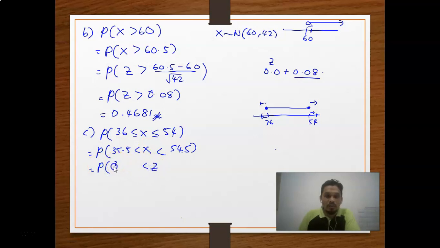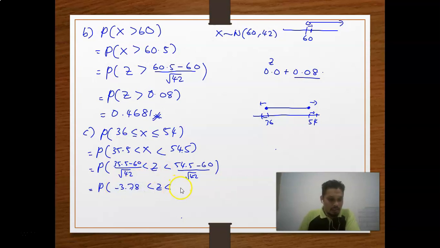Set 35.5 minus 60 divided by the standard deviation, and also 54.5 minus 60 divided by the standard deviation. Press the calculator, and this gives you negative 3.78 and negative 0.85.